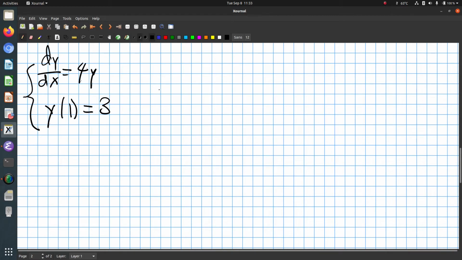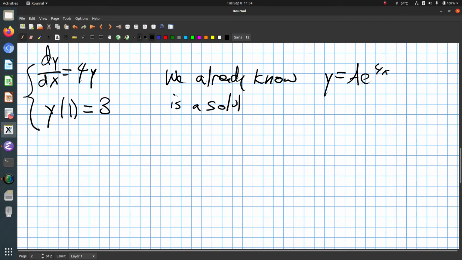Okay? So we know we've got a whole bunch of solutions, y = a e^(4x) is a solution for any a. Let's try to see if we can find an a that will satisfy this additional piece of information. This is another equation. This is called an initial condition.